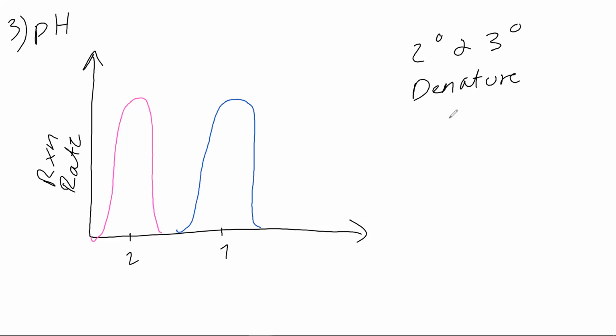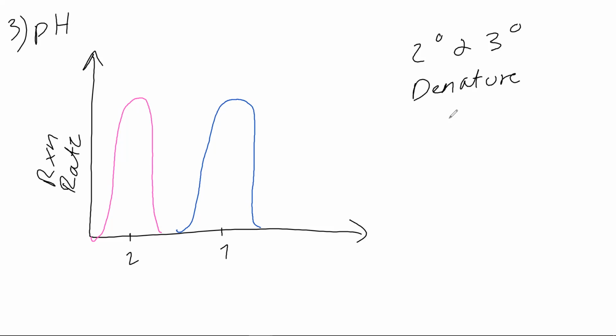Okay, if your secondary or your tertiary structure denatures, your quaternary is already gone. So usually we don't account for that, just because if your tertiary is gone, your quaternary is already gone. So as long as it stays somewhere between, like let's say 1 to 3 for the magenta, it's fine. But if it's out of that, it denatures. Yes.